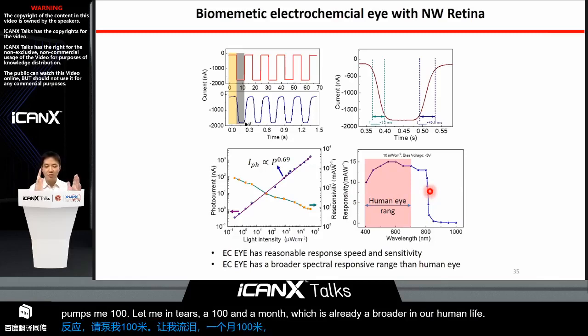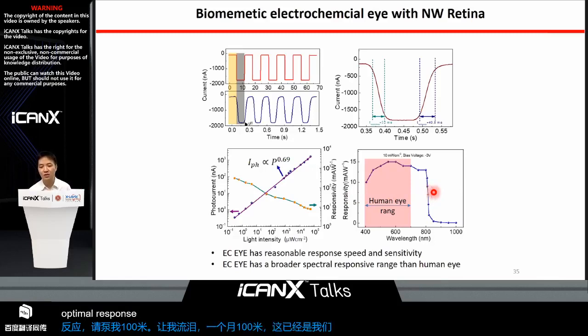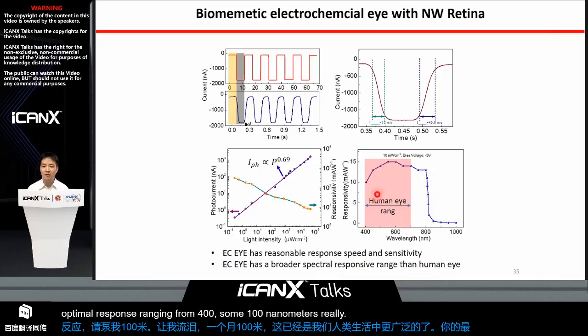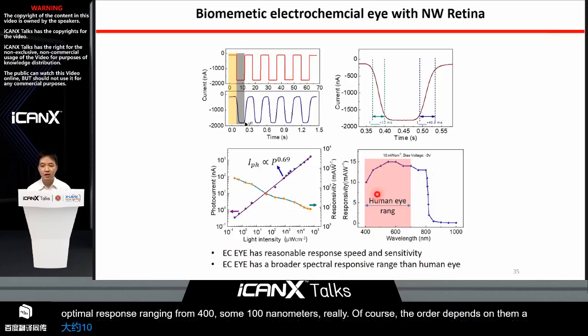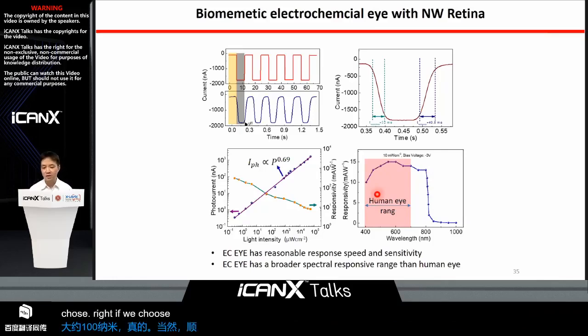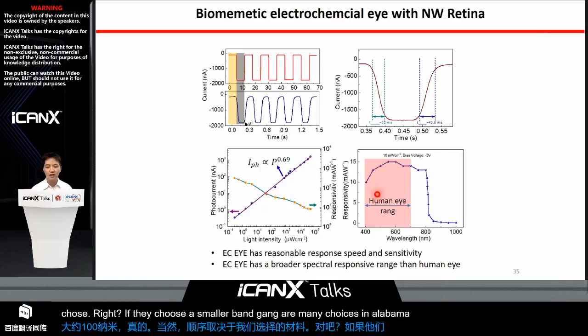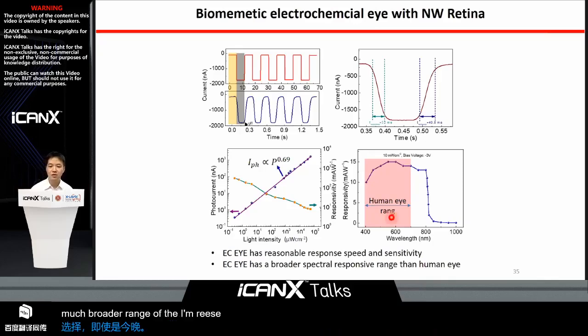Our human eye's optical response range is from 400 to 700 nanometers. Of course, it also depends on the material we choose, right? If we choose a smaller bandgap material, there are many choices, like indium antimonide, for example, we will have a much broader range of response, including some IR.